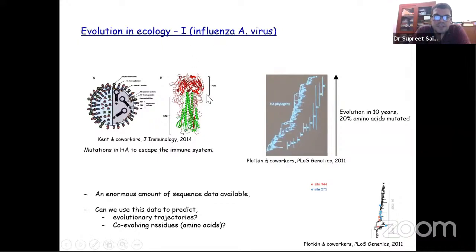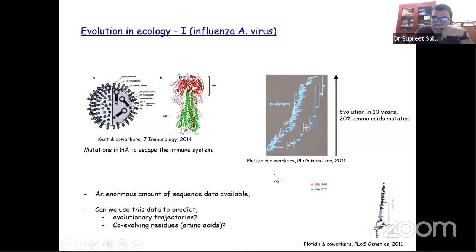The selection pressure is on the protein that our immune system recognizes, the hemagglutinin protein, which is called HA protein. This is the structure of this protein, just for representational purposes. Every year, this HA protein comes out mutated by having changed its amino acid sequence.